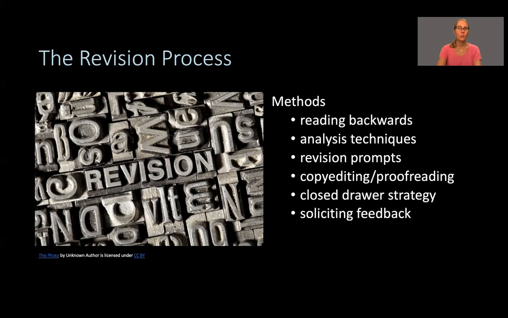When you're reading your own work, it's so easy for you to assume what's in your head is on the page, so that you're anticipating what should come and you're not really seeing exactly what's there. So reading backwards can disrupt that and make you edit your work in a different way, because you're not thinking, oh yeah, that's there, okay, I got it. It forces you to look at things a little bit more independently and then make connections and make sure that what you're saying is on the page.